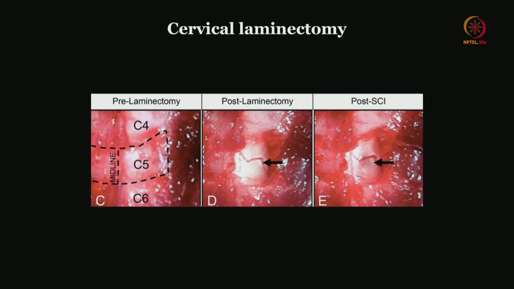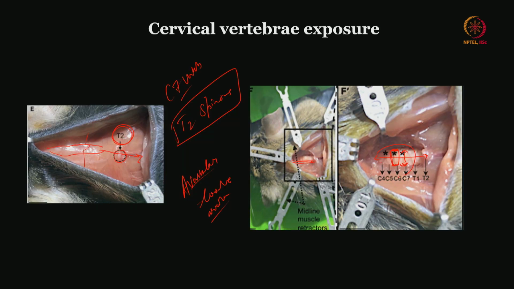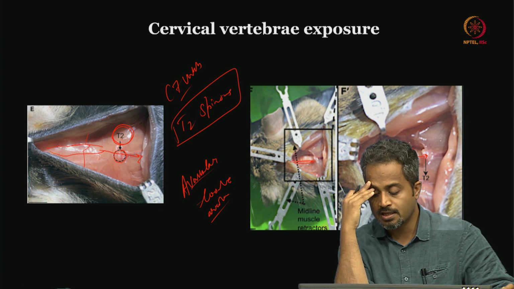Once you expose the vertebra, this is the zoomed in view of this area, where all the surgeries are best performed under microscope. I am presuming that you will know that we will be using microscope for all the surgeries, for a simple reason that these vertebrae are pretty small to appreciate without the microscope, and especially when you do the bone work, if you are not careful enough, you will injure the spinal cord before the experiment begins.